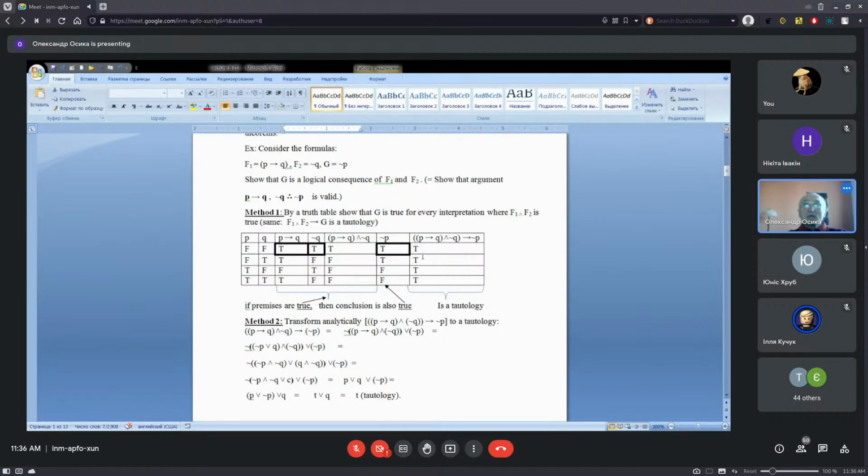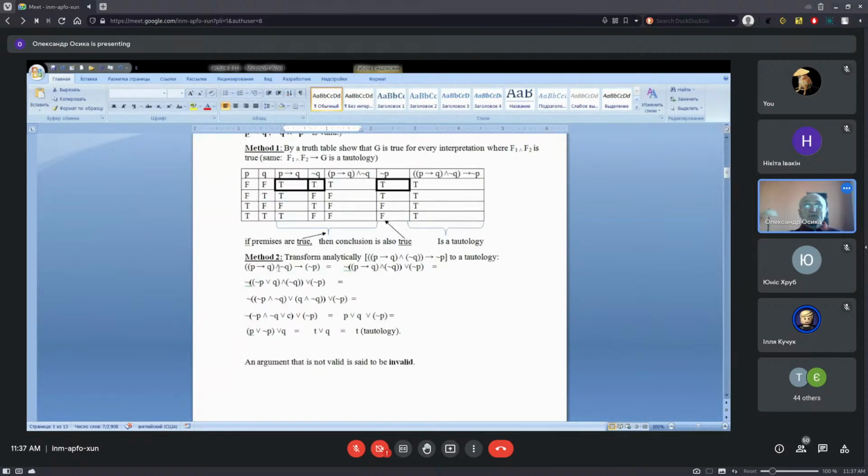In this case, we can conveniently define valid arguments in terms of this connector. If then, it becomes not contradictory. Here you see both premises are true, then our conclusion is also true. And this formula is a tautology.